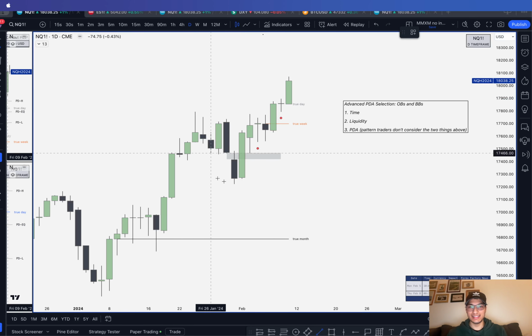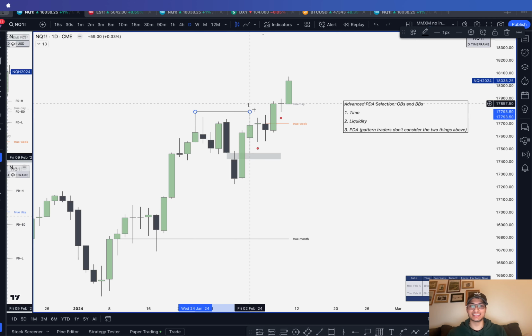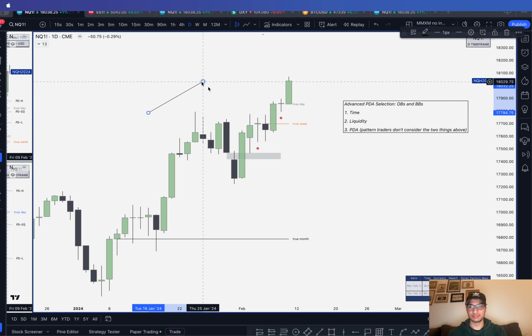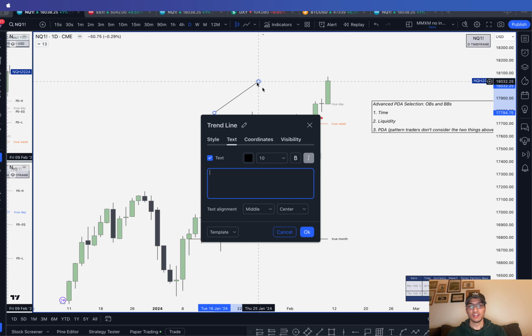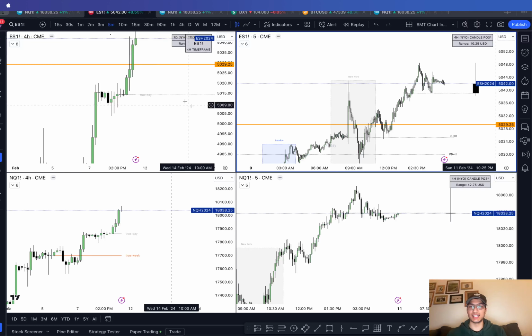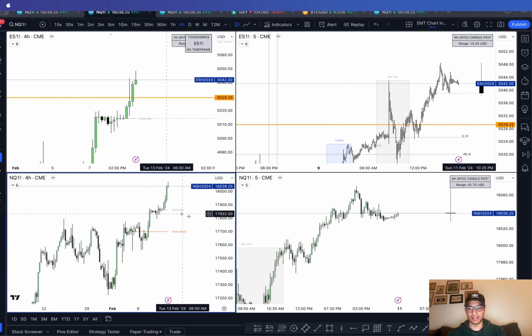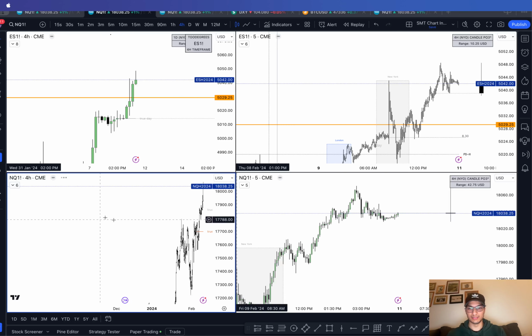There's also liquidity resting above, not on NASDAQ, but on what? What has failed to make a higher high on this monthly chart? Yes. So we have a massive SMT with ES that was just now today broken, right? And you can see that here. This is the all-time high on ES, and NASDAQ's all-time highs are way back here.